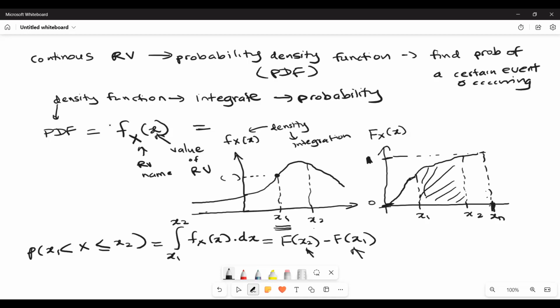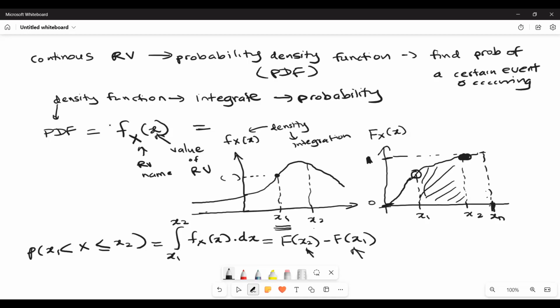So the value of the cumulative function that we find with respect to this x2 needs to be subtracted with this point in order to find the probability between these two outcomes. The probability of having an outcome between these 2 points, right?